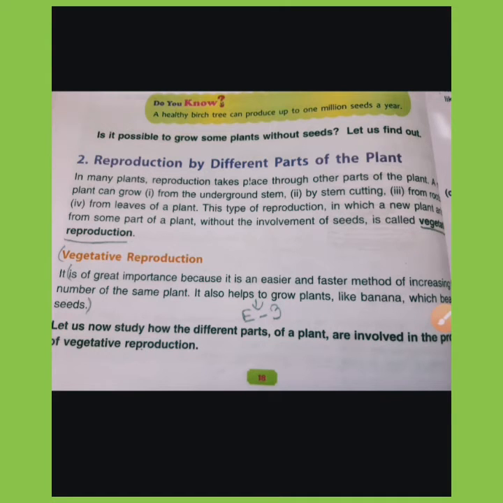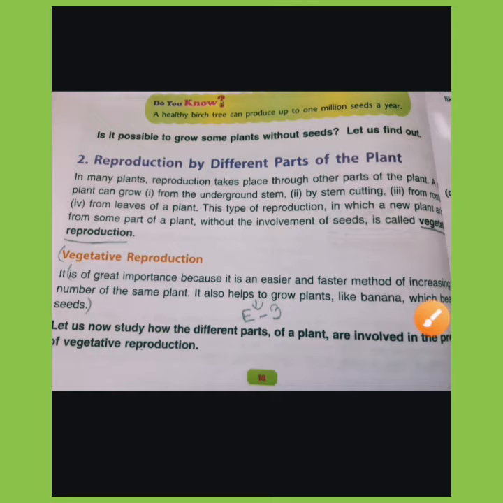We can grow plants by different methods, for example, with the help of the underground stem, by stem cutting, from root, from leaves of the plant. So these are the different ways.